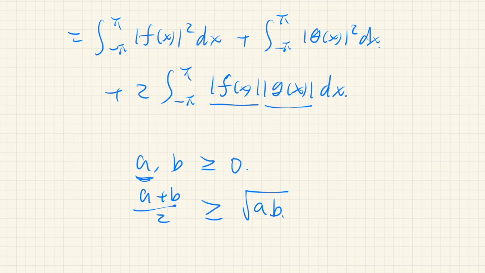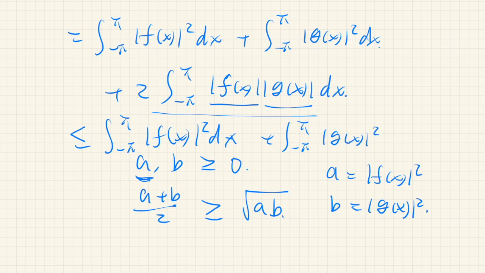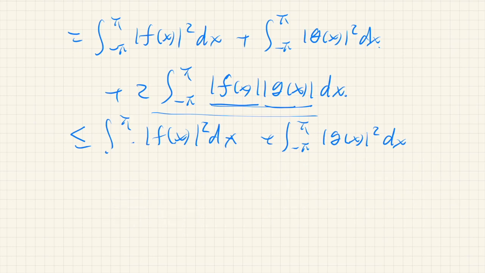So if a is the modulus of f squared and b is the modulus of g squared, then this part is less than or equal to the sum of these divided by 2.